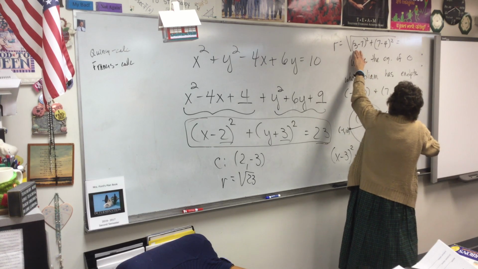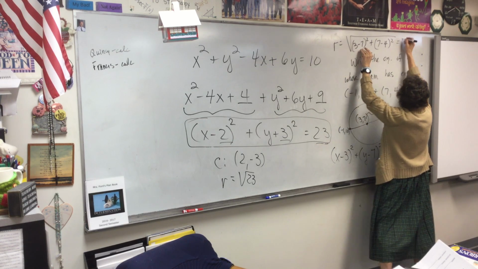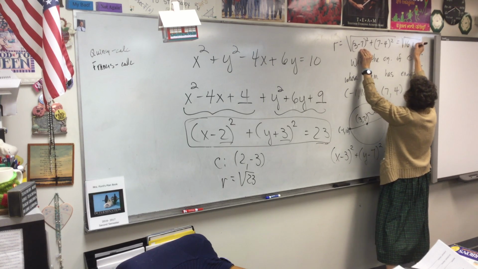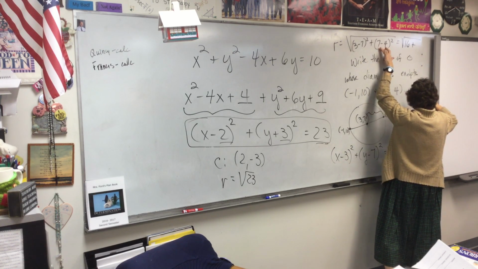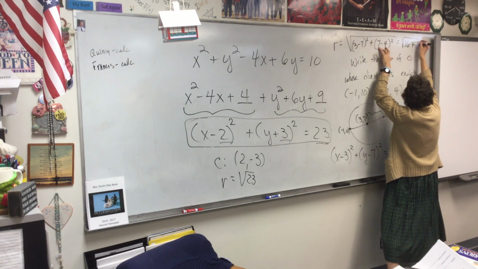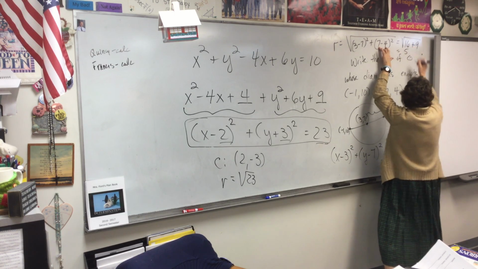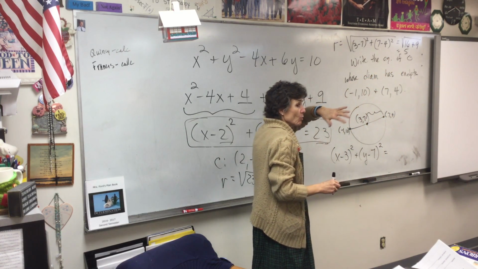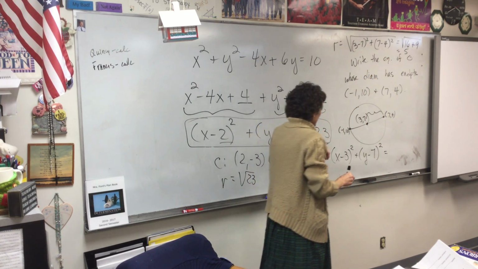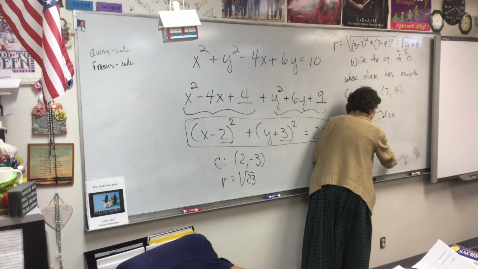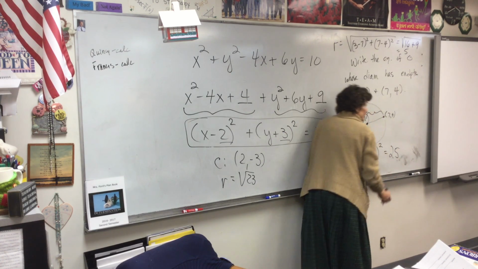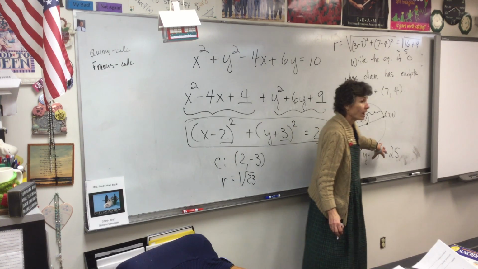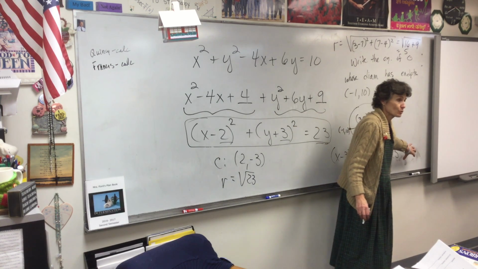Look at this. 3 minus 7 is 4 squared, 7 minus 4 is 3 squared. My radius is 5. Now when I write my equation, I don't put 5 here. I put 25 here. Your equation is x squared, y squared, r squared.